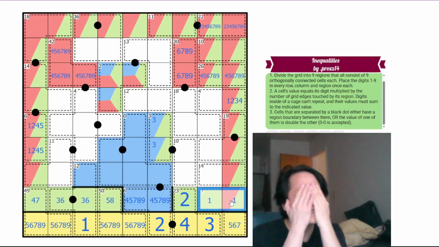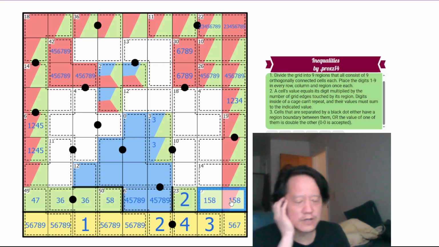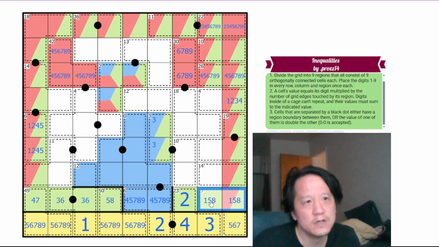Okay, assuming it's not doubled. This has to be 5 or 8. Okay, so 1 5. So 1 having been there. 1 5 plus 1 8 is 9, so that's 6. 1 5 is there, so then this would be 7. So one of these would have to be 5 and 9.